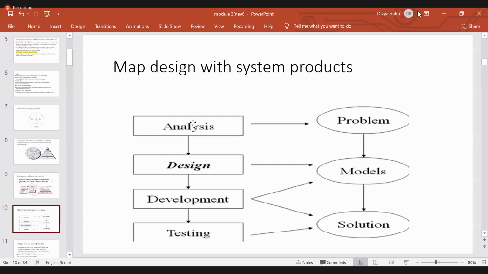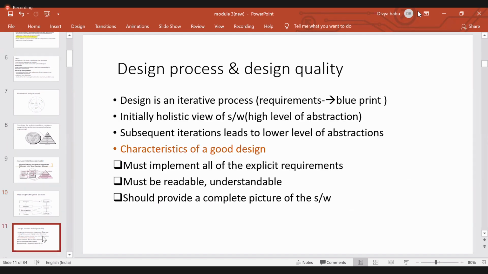Generally, the analysis phase output is a problem statement, meaning we are analyzing a problem statement. Then in the design phase, our output is models. In the development phase, we have two outputs: either we can create a prototype model or the actual solution, the coding part. Then the testing output is a tested solution, the same solution but just tested. These are the mapping things I discussed.